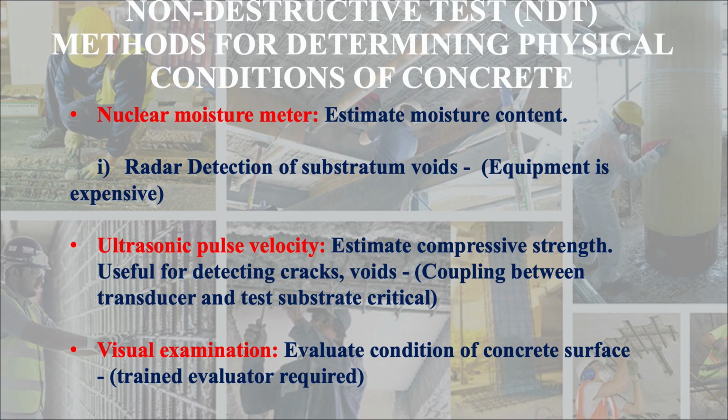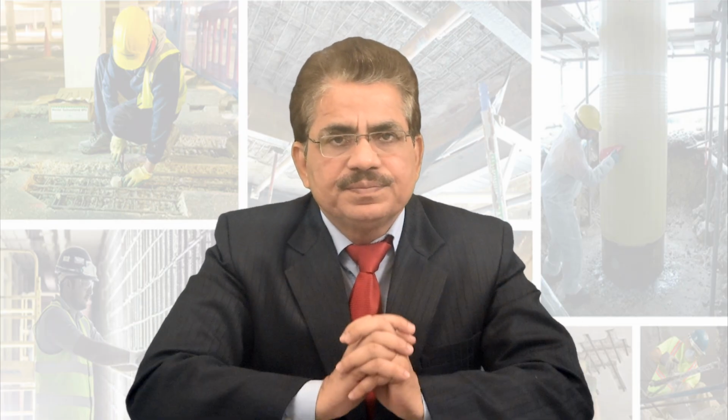Then visual examination can be done to evaluate the condition of the concrete surface, and for that purpose you need a trained evaluator, who has good experience and can tell the status of concrete by simple visual inspection.